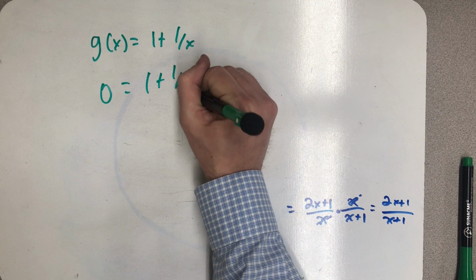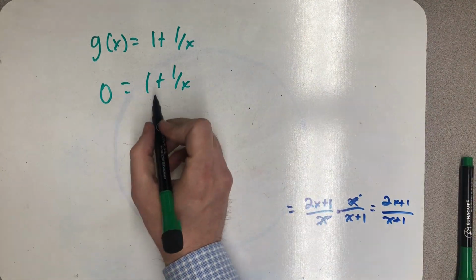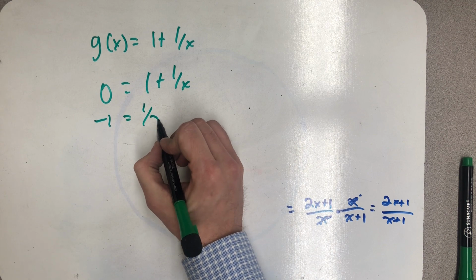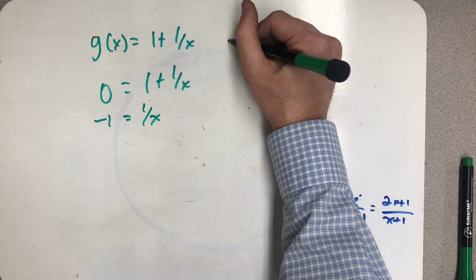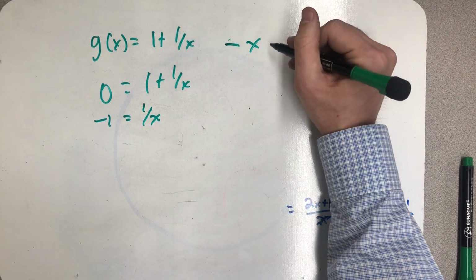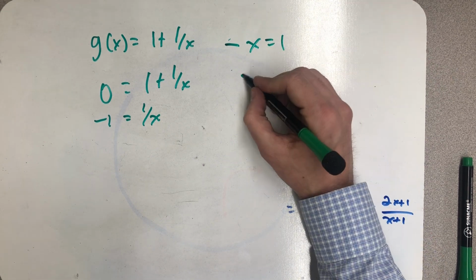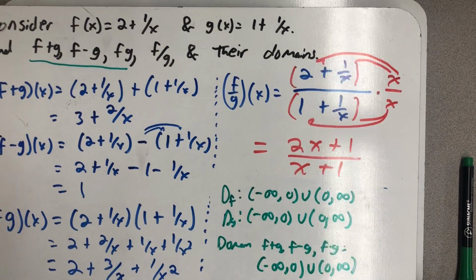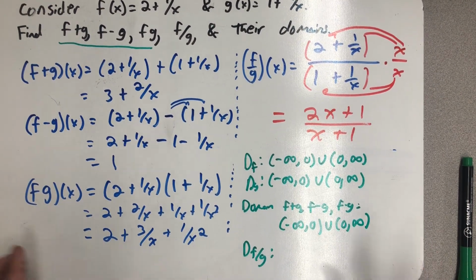It's always nice to solve an equation anyway. So I could take 1 away from both sides. I get minus 1 equals 1 over x. Multiply both sides by x, and I get minus x is equal to 1. And then finally, x is equal to minus 1. That would make the bottom of this fraction equal to 0. So I have to throw out minus 1.